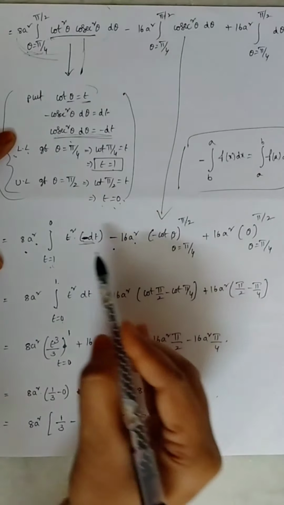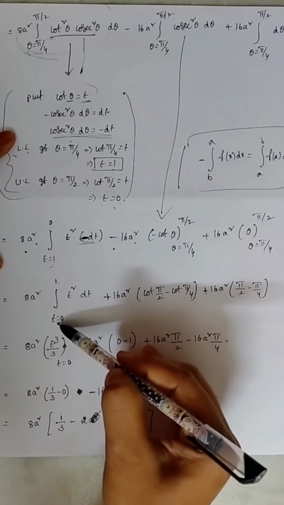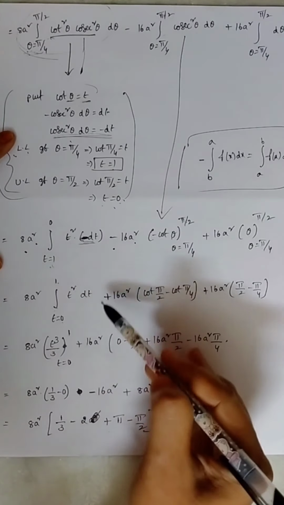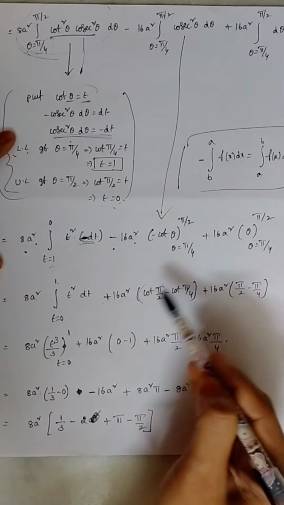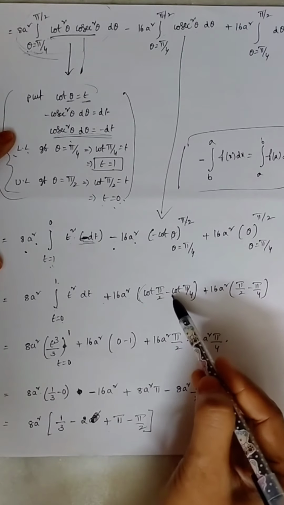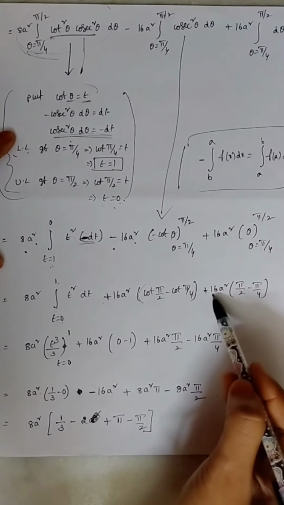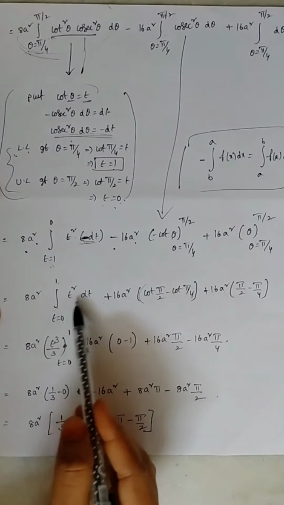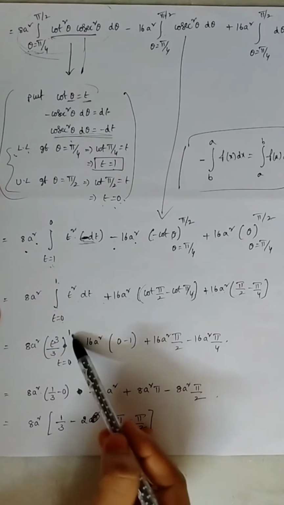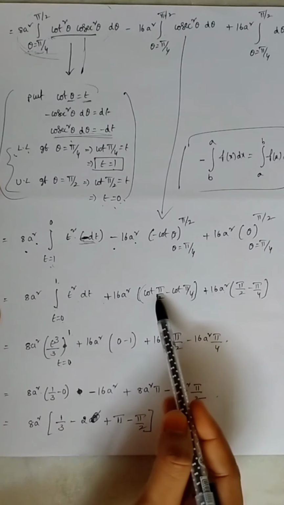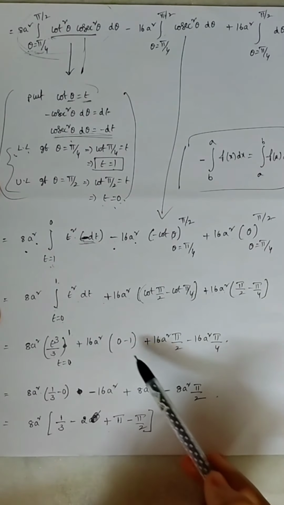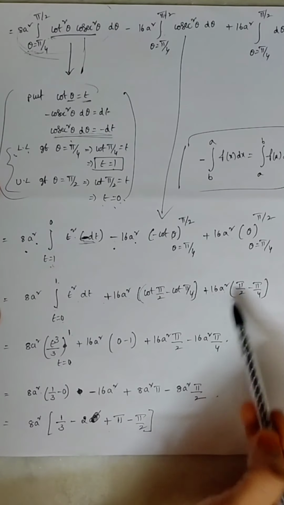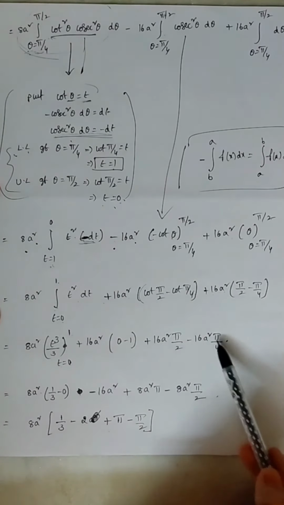Integral 0 to 1 t square dt, minus into minus, plus 16a square into, substitute the upper limit cot pi by 2 minus lower limit cot pi by 4, plus 16a square into upper limit minus lower limit. The integral of t square means t cube by 3, limits 0 to 1, plus 16a square, cot pi by 2 value 0 minus cot pi by 4 value is 1, plus 16a square multiplying with pi by 2 minus 16a square pi by 4.